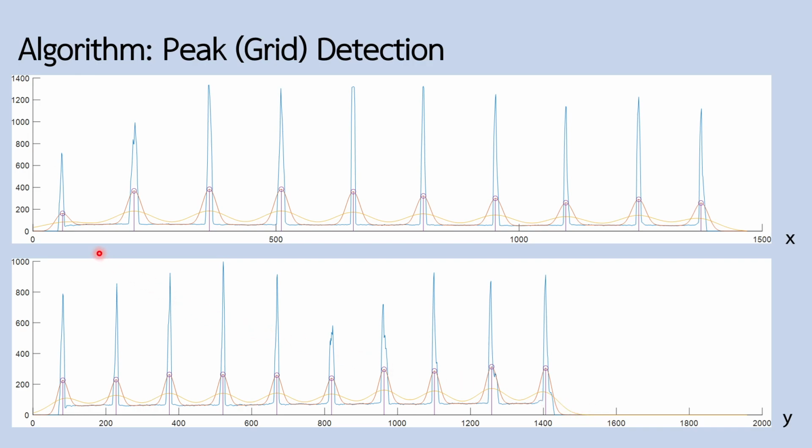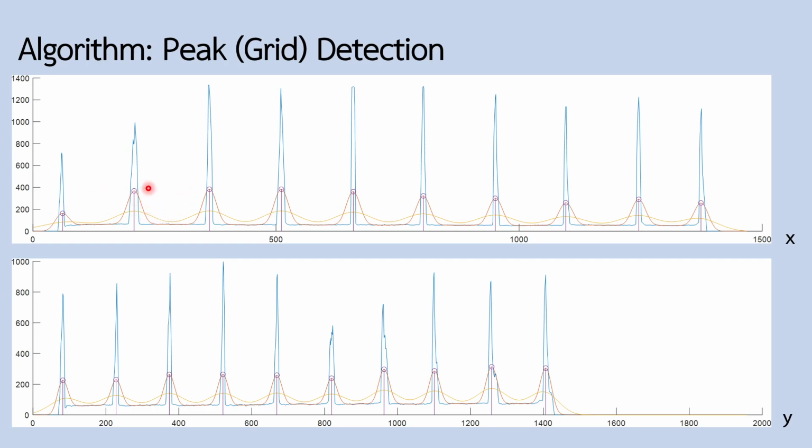To detect the peaks, you can see the blue line has a very high fluctuation like this one, so I filter it out. The grid is not very high frequency, so I can use a low pass filter to filter the noise out.